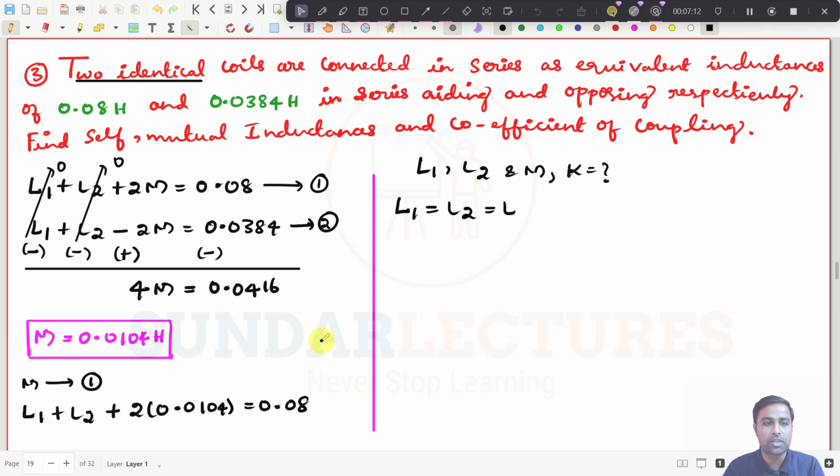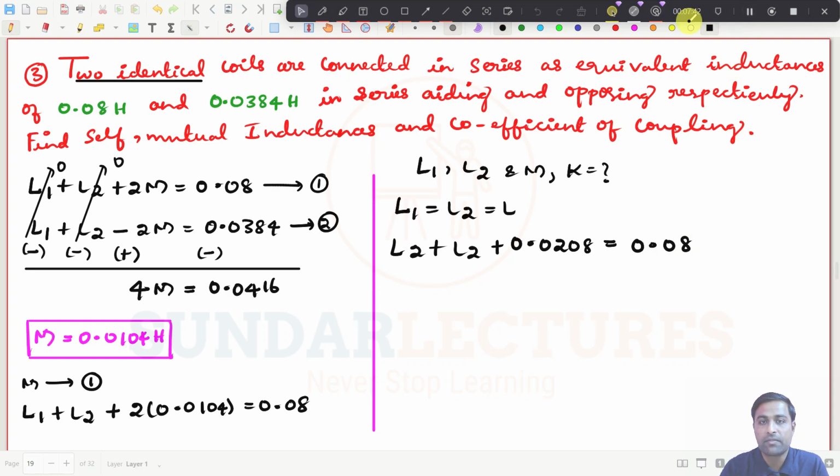So if I substitute, then I can put this L1 as L2. So L2 plus L2 plus this value. If I simplify this, I am getting 0.0208, which is equal to... this value is 0.08, right?